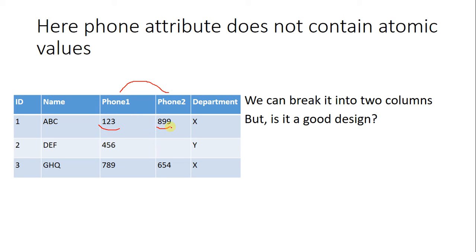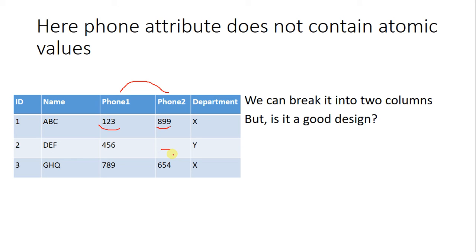But still you have some problems, because for instance for the second record we have just one phone number, so there will be a null in this cell. This may create problems, like you will have so many nulls in your database. That's not a good thing.